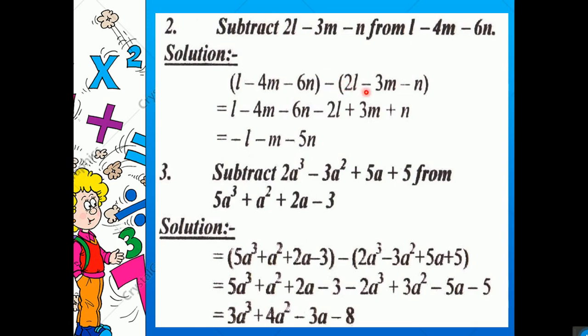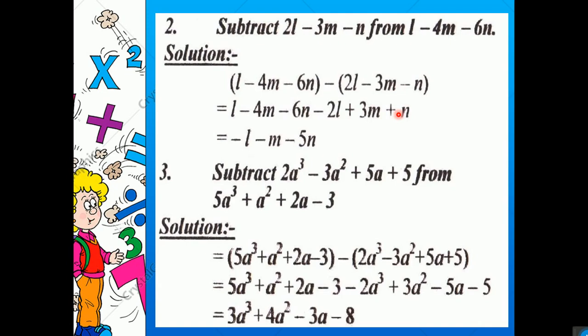Minus into 2l minus 3m minus n. Now open these brackets, write all these terms as it is, and when we open this bracket, we will change their signs. It becomes minus 2l, and this minus 3m becomes plus 3m, and minus n becomes plus n.